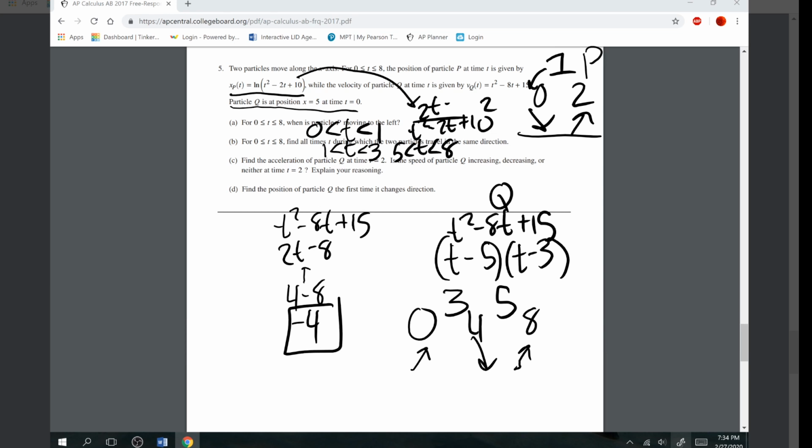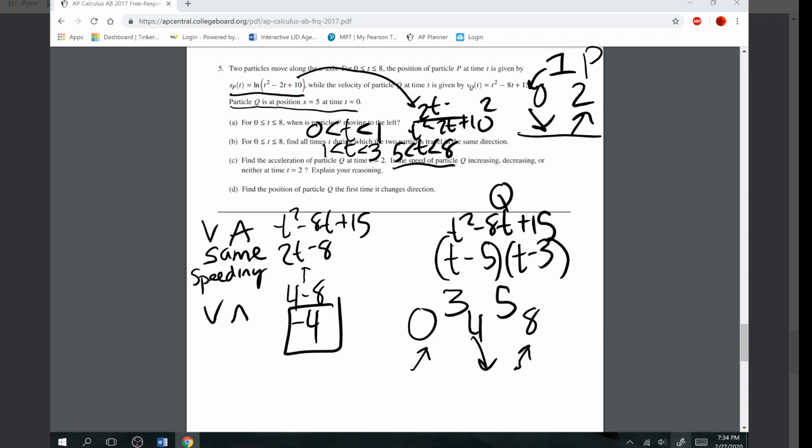And then it asks about the speed. Oh, this is a perfect question. We do get speed in here. Is the speed of particle Q increasing, decreasing, or neither at time t equals 2? In order to find whether or not the speed is increasing, it's basically this game. If velocity and acceleration have the same sign, then we're speeding up.